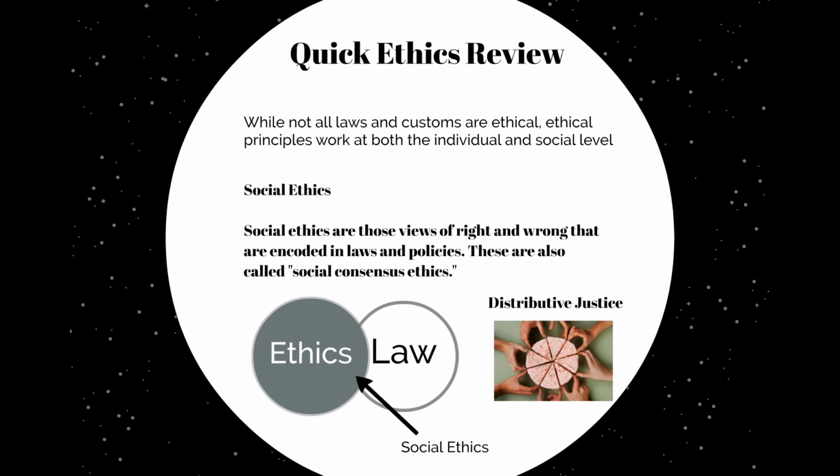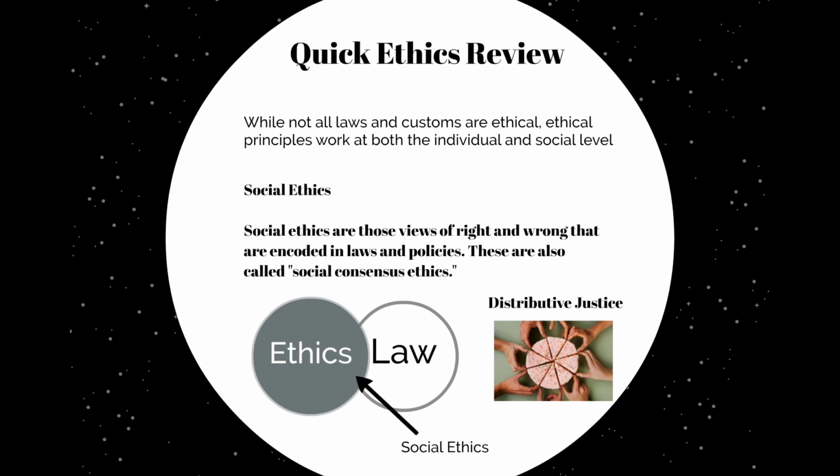So just to briefly go over ethics to set the stage for Rollin's historical overview of animal research. While not all laws and customs are ethical, ethical principles work at both the individual and social level. So you have social ethics, and social ethics are those views of right and wrong that are encoded in laws and policies. These are also called social consensus ethics.